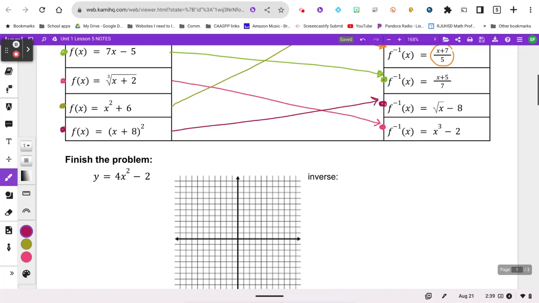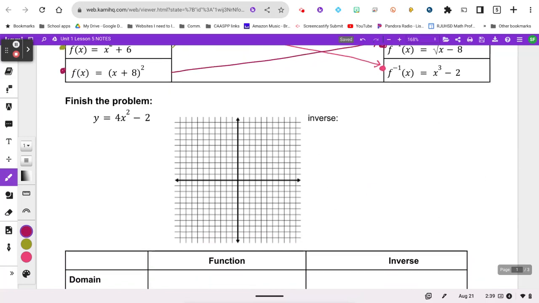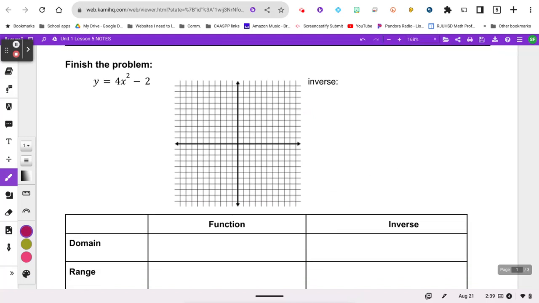All right, the next one, we want to finish the problem. So this one we're going to graph it. We'll find the inverse and then graph it, find the domain, range, and if it is a function or not, and why. So with this one, remember this is in vertex form.